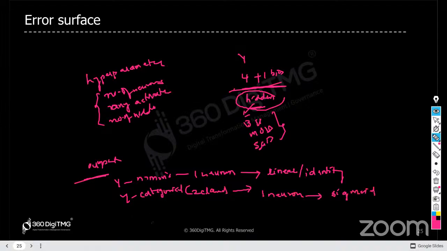And when you have the output variable categorical, but with more than two classes, then suppose you have 10 classes, then you will have 10 neurons. Depending upon your classes, you will have neurons. And the activation function that we are going to use is softmax. You have to remember these things.